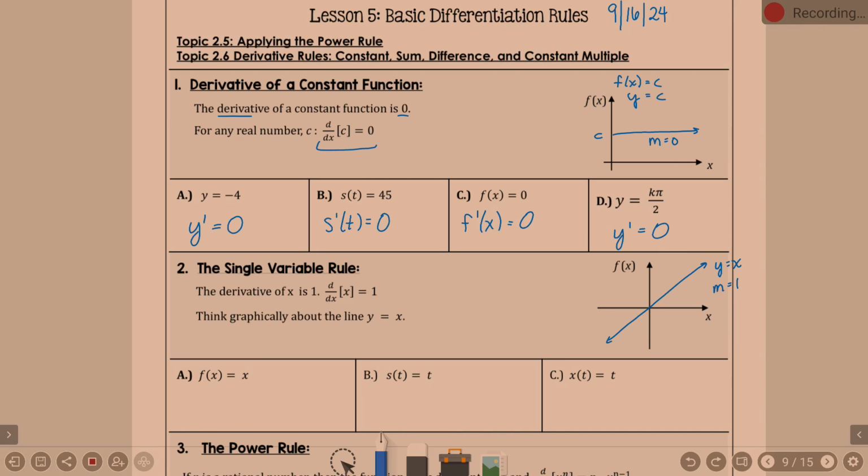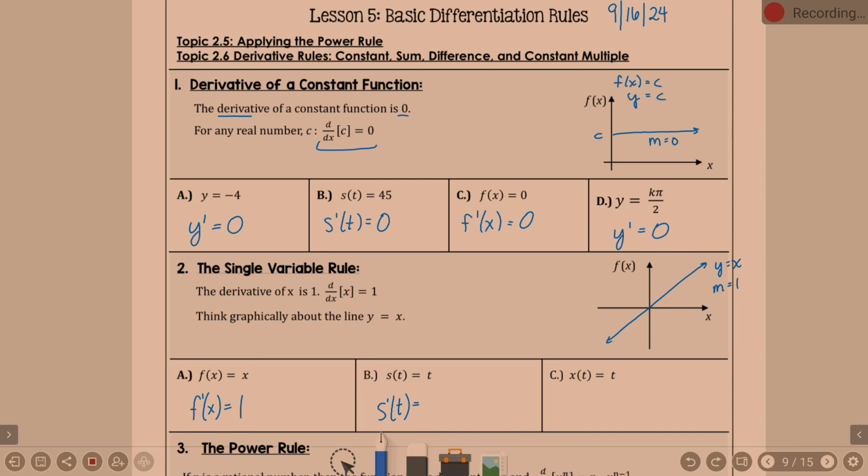So with that in mind, f of x equals x. What is f prime of x? What was it? 1. If s of t equals t, what is s prime of t? 1.